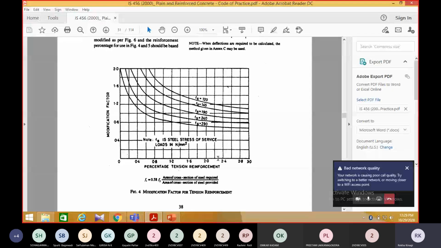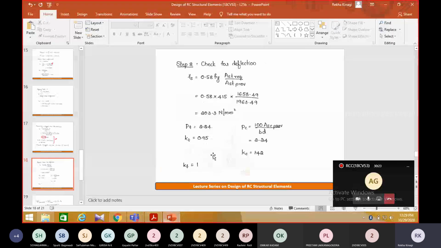And Fs value is 203, so it lies between Fs equal to 190 and Fs equal to 240. So the curve lies between these two. If we take the horizontal projection of this point, then it lies somewhere between 0.9 to 1. So we can consider here 0.95.